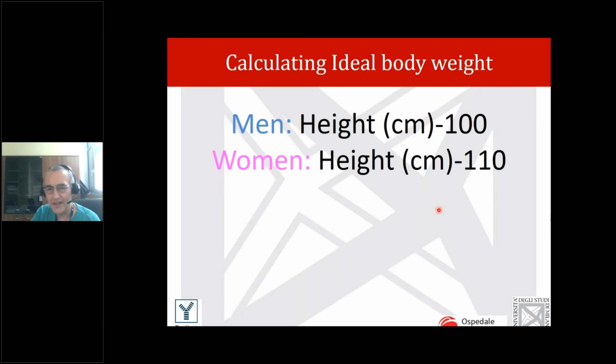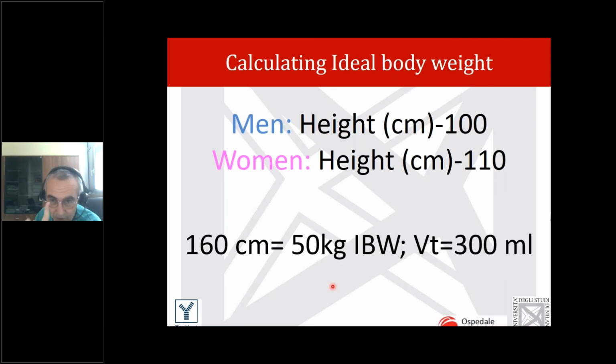There are many ways to identify the ideal body weight. We use this one that is very simple, maybe not precise, but it can be done in ICU patients. In man and woman, the ideal body weight is different according to the height of the subject. I know you know this formula very well.